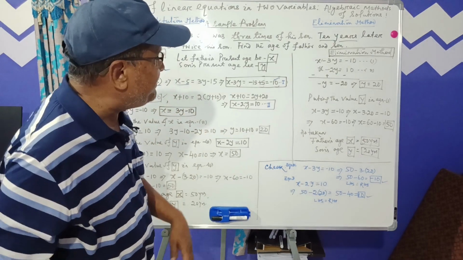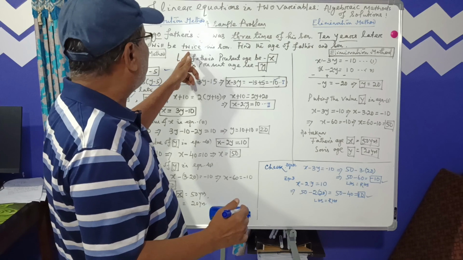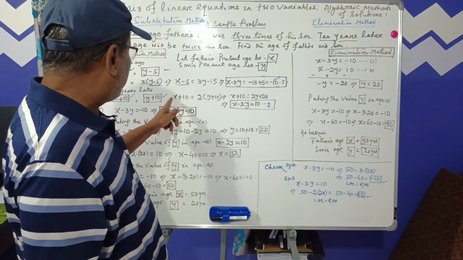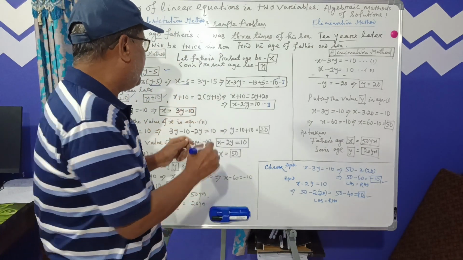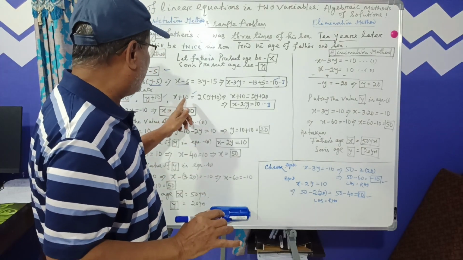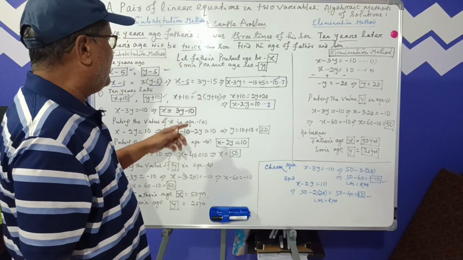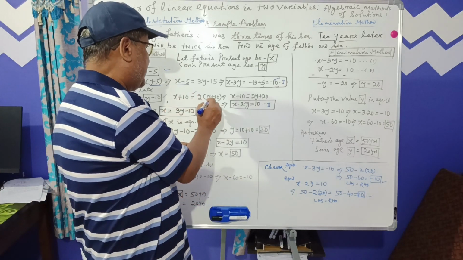So what's the relationship? Let's read the question. Then the father's age will be equal to twice his son's. This is very important. Now the equality sign is here. So x plus 10, the father's age after 10 years, will be equal to twice his son's, you see.